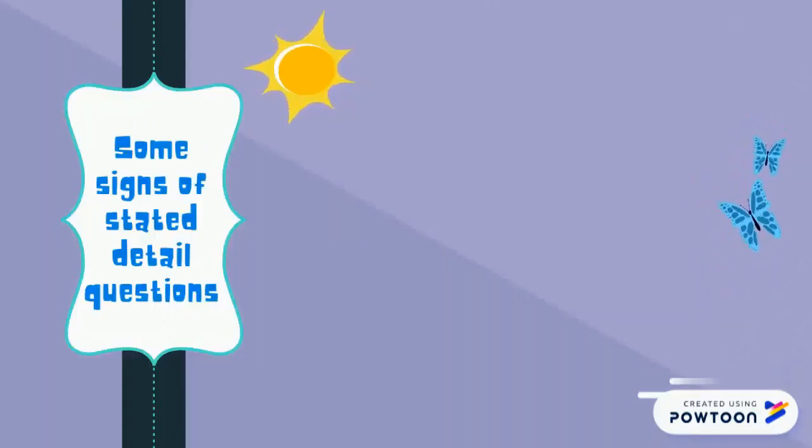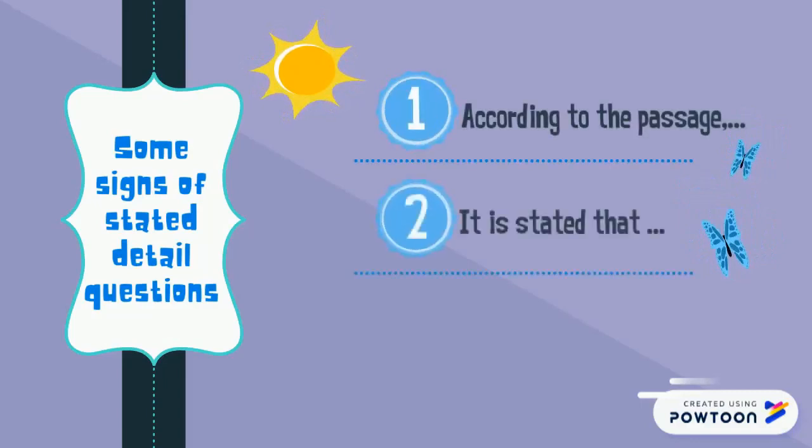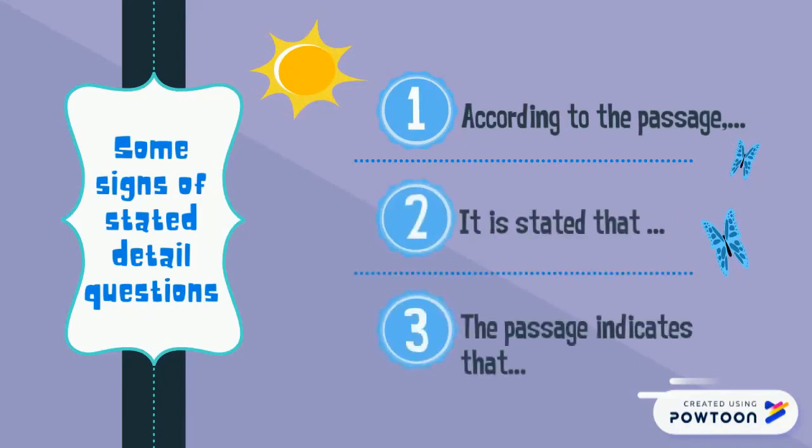Now let's look at some signs of stated detailed question. This type of question usually starts with phrases such as according to the passage, or it is stated in the passage that, the passage indicates that, or which of the following is true. The answers to this question are found in order in the passage.